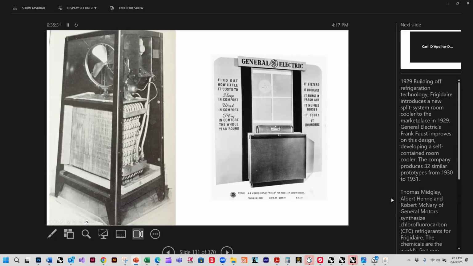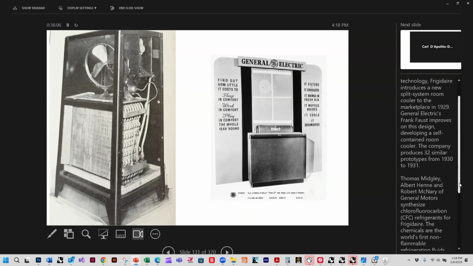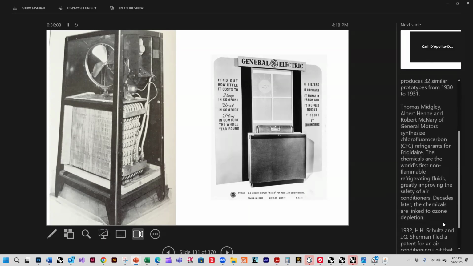There were not very many. I think only 32 were made and installed because they were expensive. And then they were made cheaper by the invention of chlorofluorocarbons, CFCs, which had a big part in the ozone crisis many years later.